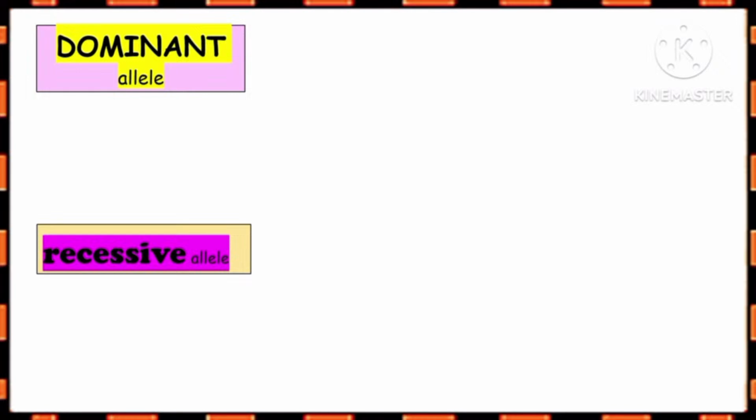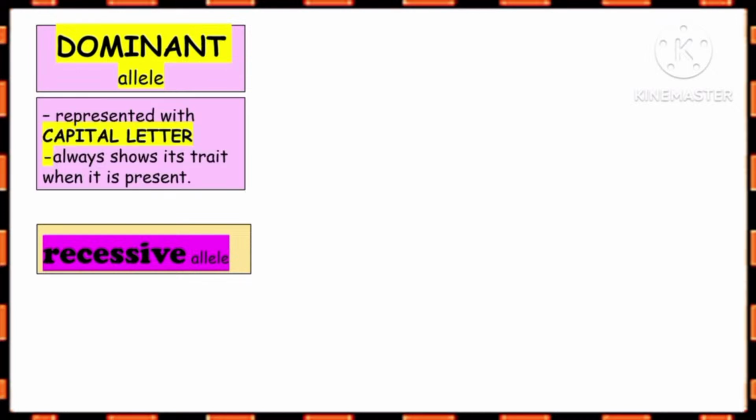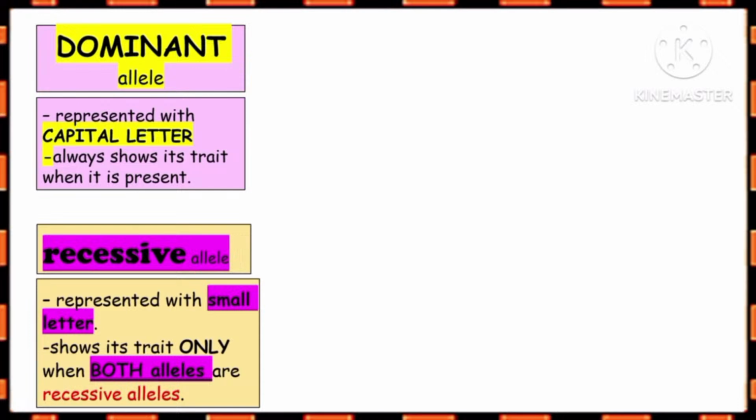Next, we have dominant allele and recessive allele. Do you know what is the difference between these two alleles? Dominant allele is normally represented with a capital letter, and it will always show its trait when it is present. While recessive allele is represented with a small letter, and it shows its trait only when both alleles are recessive alleles.